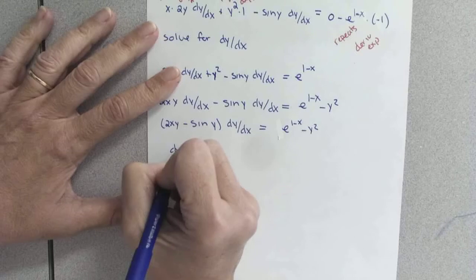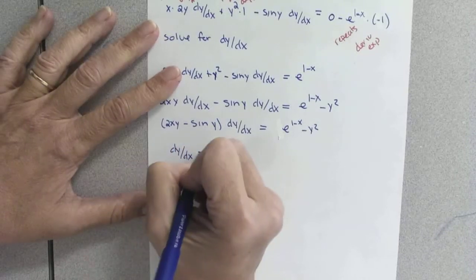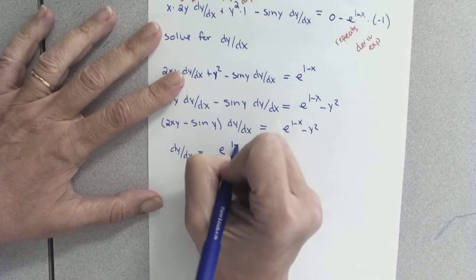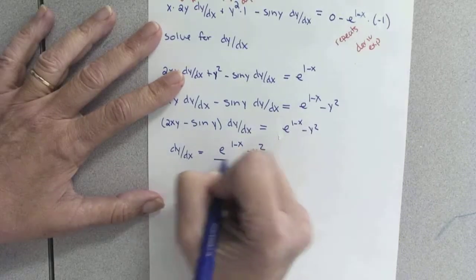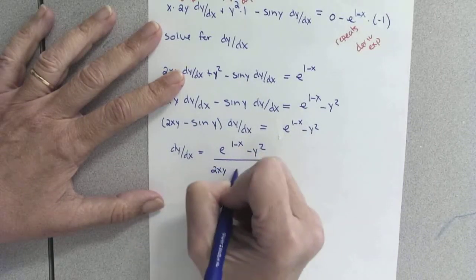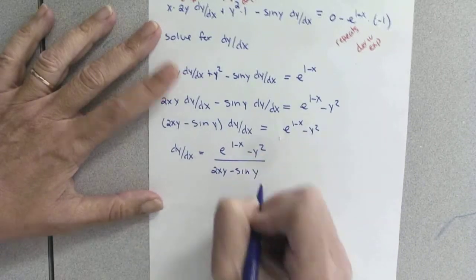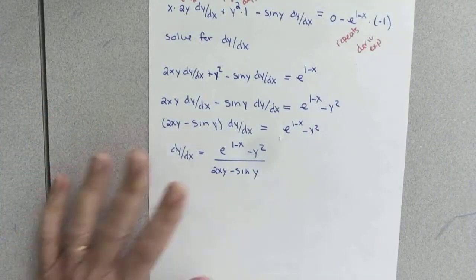And then divide. So dy dx equals e to the 1 minus x minus y squared over 2xy minus sine y. So there's my derivative.